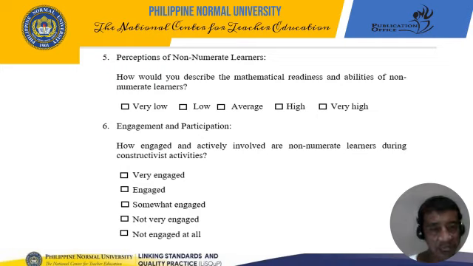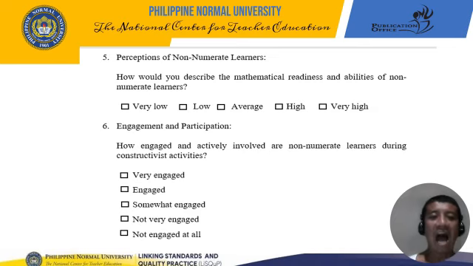Number 5, perceptions of non-numerate learners. How would you describe the mathematical readiness and ability of non-numerate learners? Very low, low, average, high, very high.